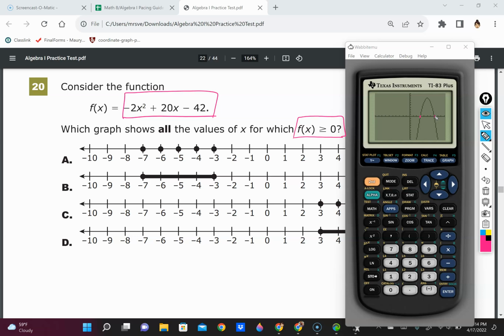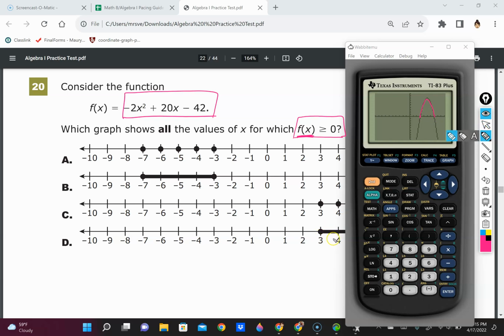And if you look down here, we're really just looking at the section that is above 0, because we're looking at the output of the function where it's greater than 0. So that's all your x's between 3 and positive 7.